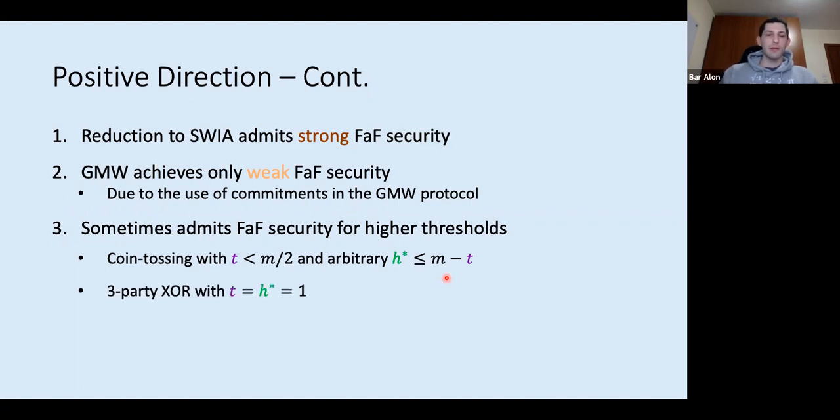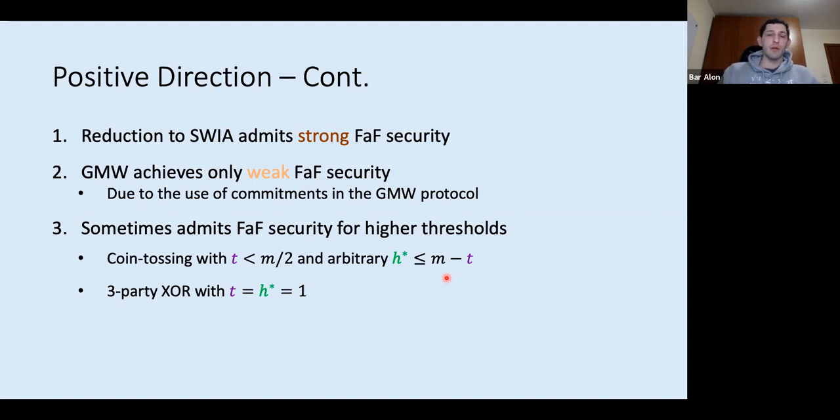And another example, even with inputs, is the three-party XOR functionality, which turns out to be secure against one malicious and one semi-honest. And these are very interesting examples because this comes back to what I mentioned at the beginning of the talk, that just increasing the security threshold might be impossible.